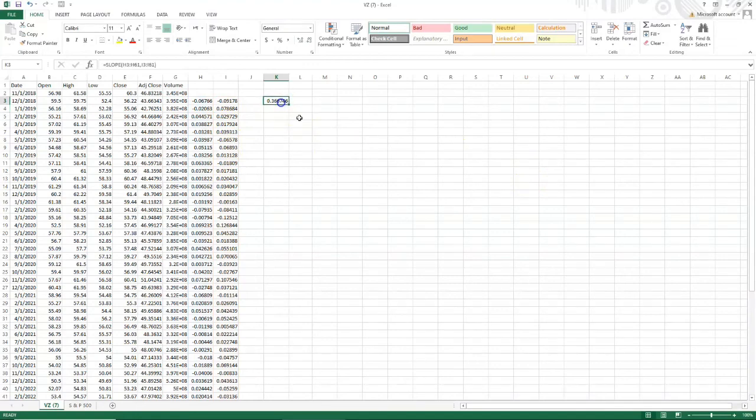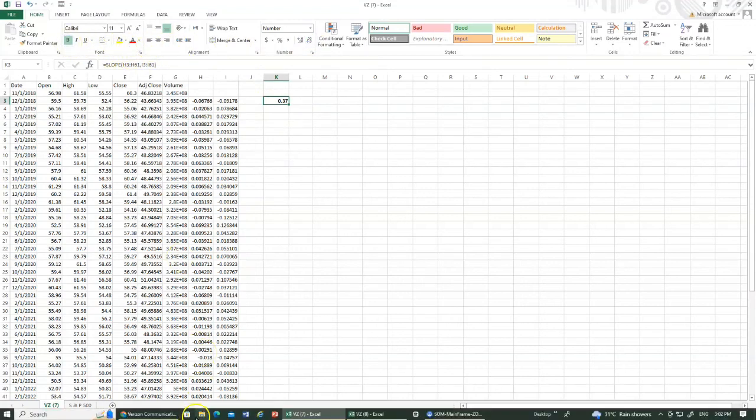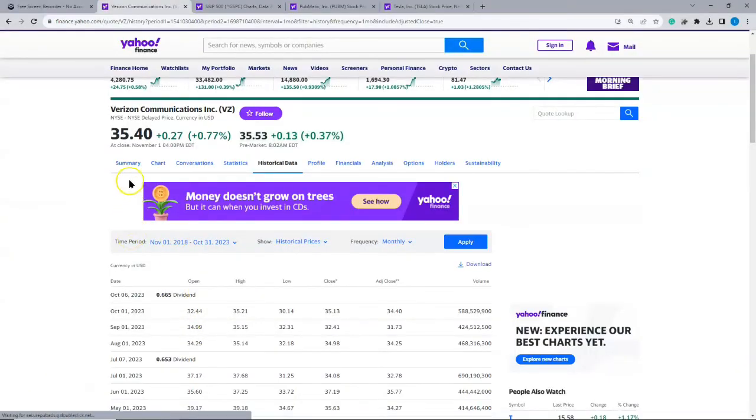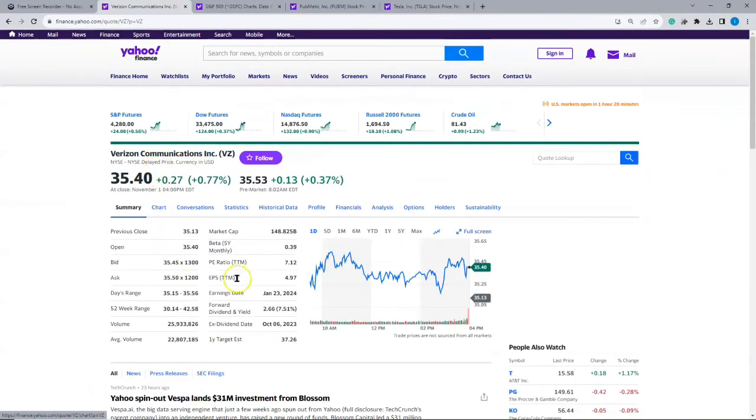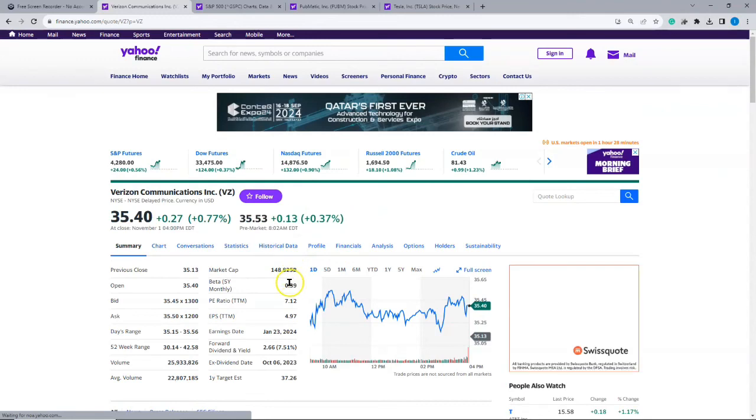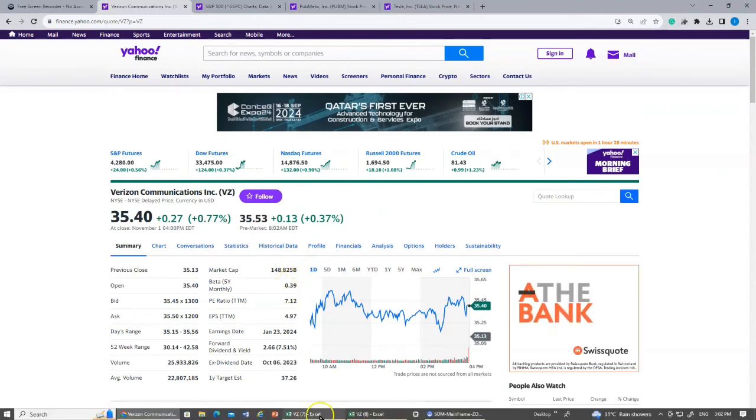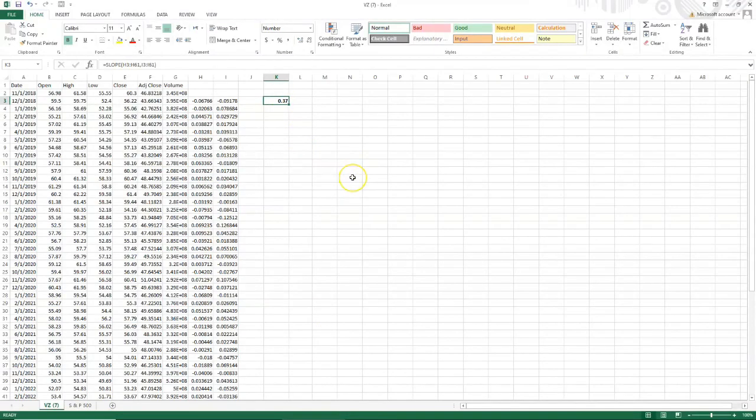So it is, let us say, 0.37, which is close to 0.39, which is calculated here. You can see Verizon had 0.39. What I got is 0.37, which is close to that. Maybe the difference is due only to the timing I started.